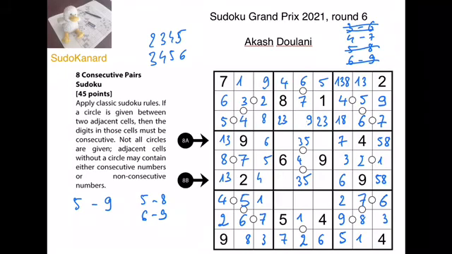Here, 6 and 7, there's a 6 here. Those ones must be 3, 8, and 9. 9 can only go here. 8 here, 3 there. This 3 makes this a 2, this a 3. And then 2 and 2 equals 5, as everyone knows. And this one goes here.